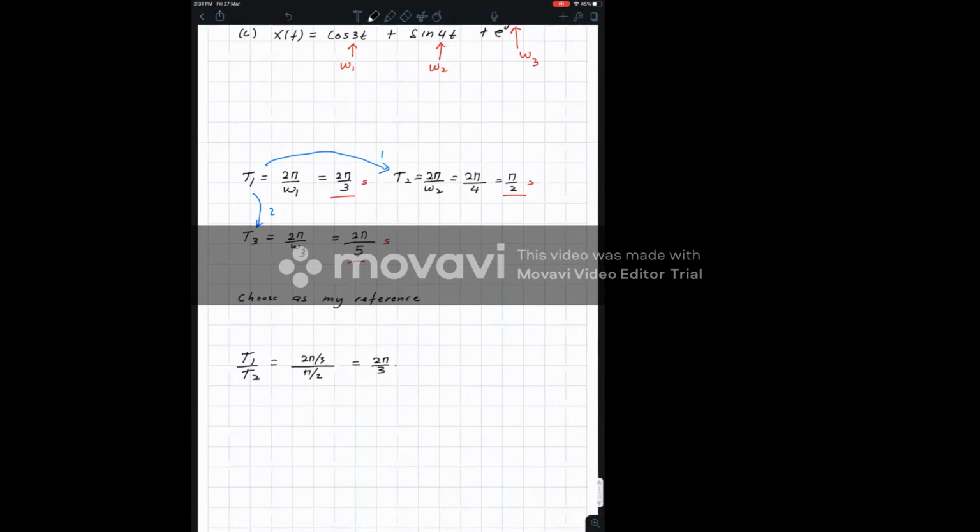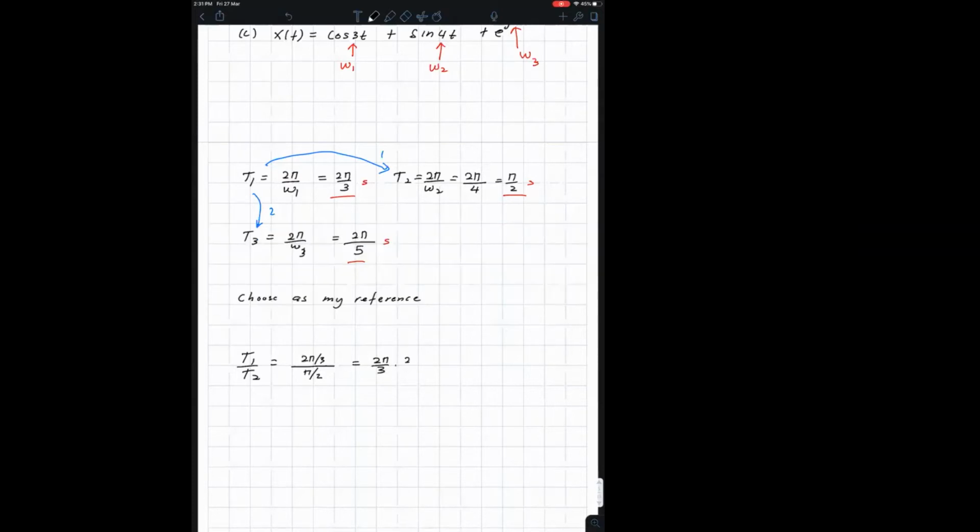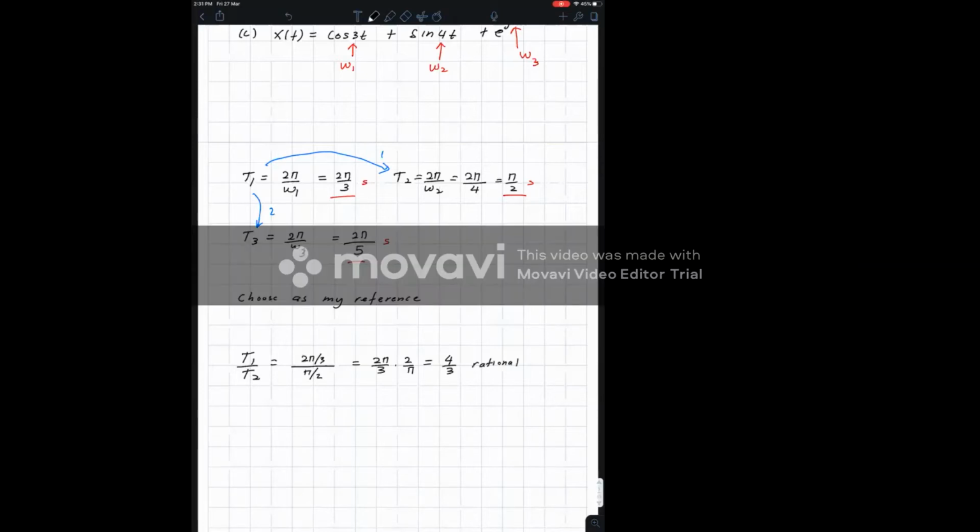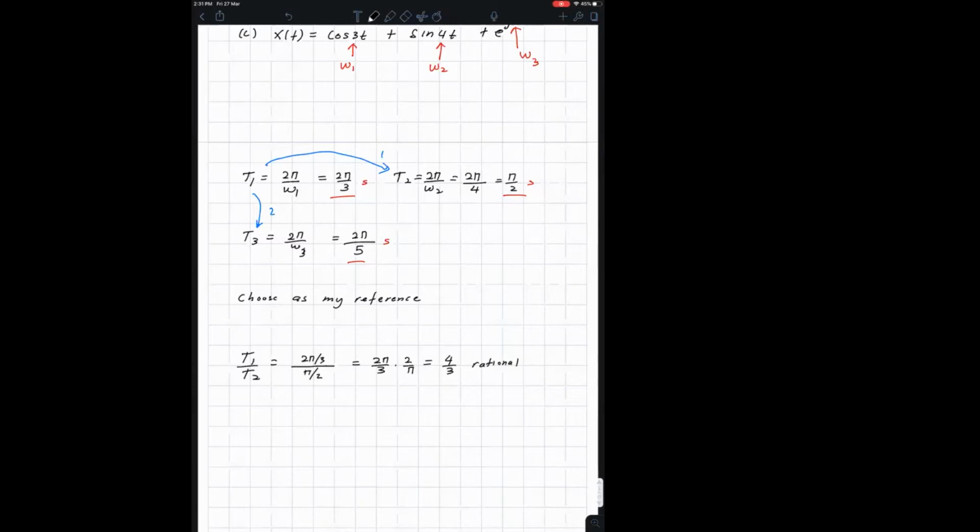So that's going to give you 4 over 3. So this is a rational number. If this ratio is not a rational number, you can right away say they are not periodic. But since it is a rational number, I'm going to check the other pair.